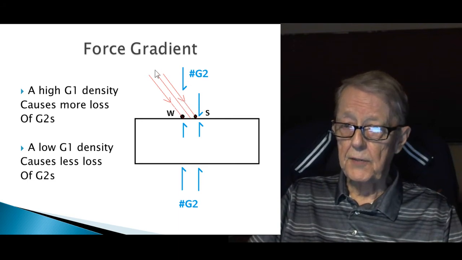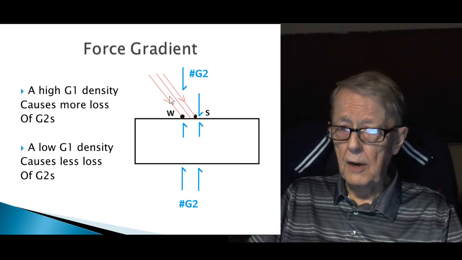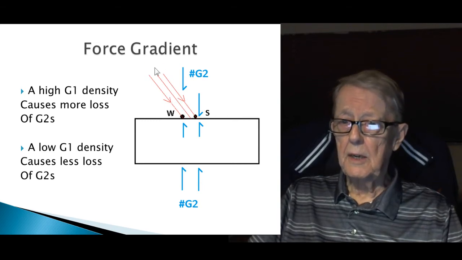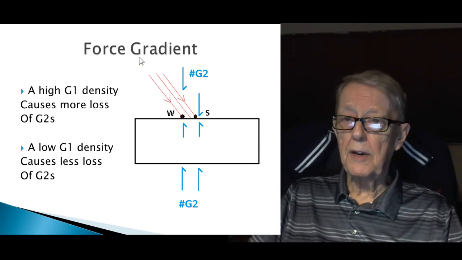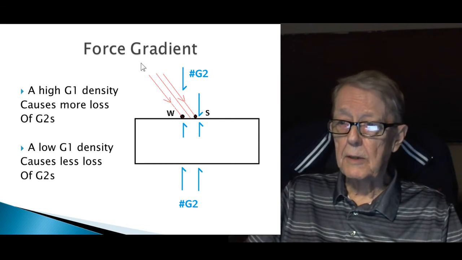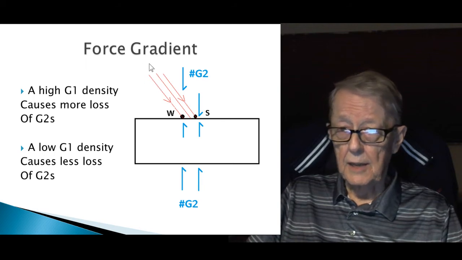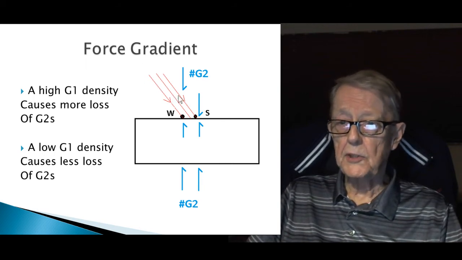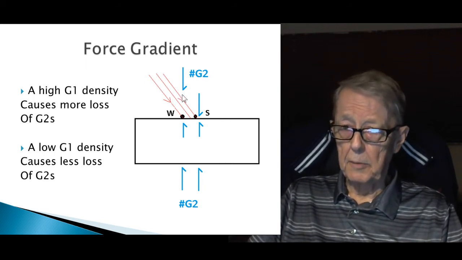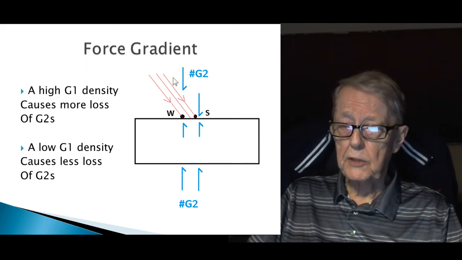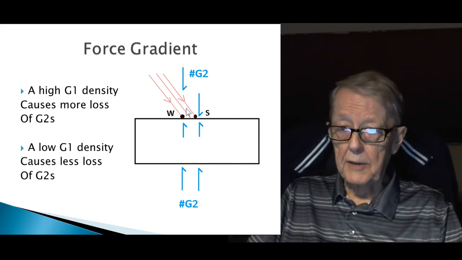And I say significantly because in general, when you have a large number of G1 particles in a stream of light or in an electrical circuit, a G1 particle replaces the electron, and you've got lots of G1 particles flowing through the circuit, you get a stronger effect on the G2 force. You're going to lose a lot.